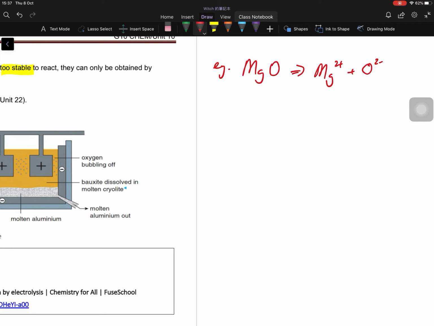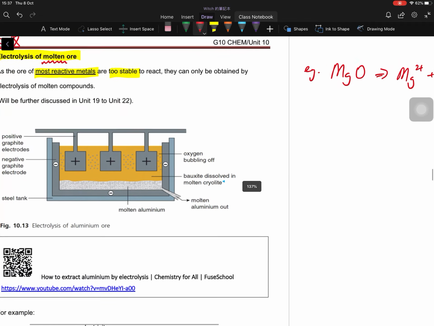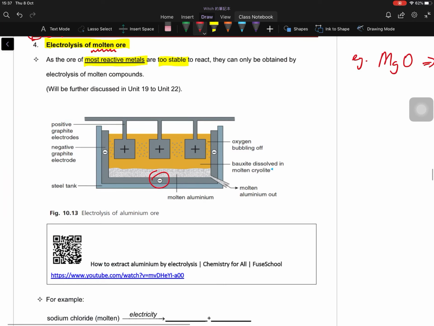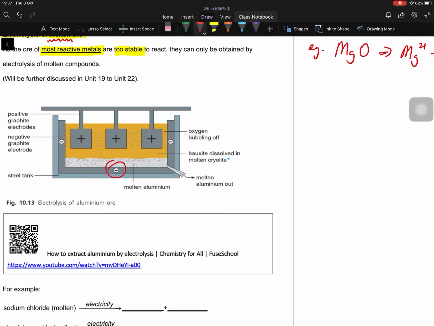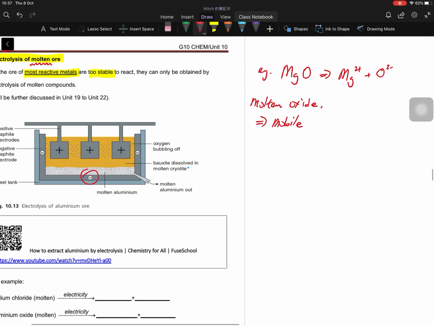So where do the electrons come from? They come from the negative pole of the battery, right? After you melt the compound, the molten oxide, from the test in the previous exercise, you learned that there are mobile ions.